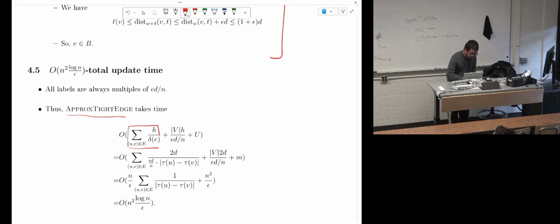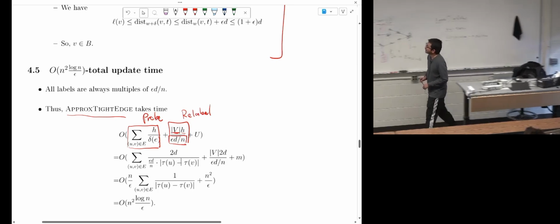This is a term for probing, right? For probe. And this term is for relabel. You have n nodes. Each node will be relabeled at most h over this many times, because every node increases by this multiple.